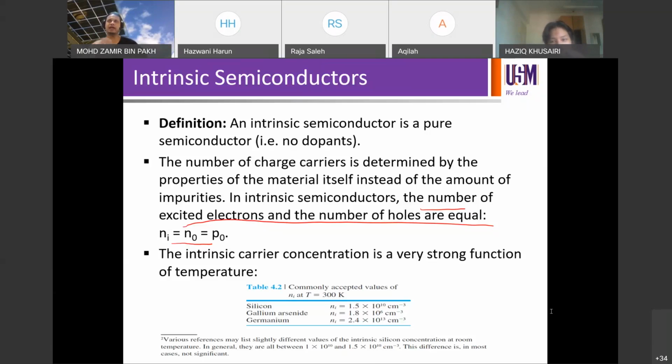Why for every excitation do you need to have the same number of electrons and holes in intrinsic? Because it is pure. Okay, go. It's pure. So if it's pure, then what happens when you do excitation? What do you get? Let's go back to our previous fundamental knowledge.